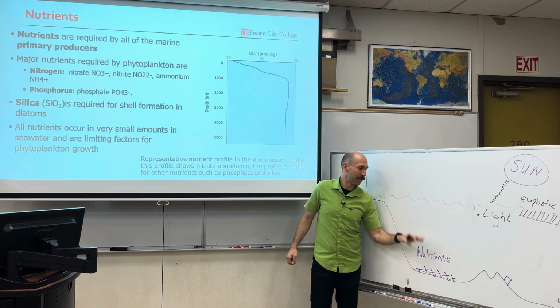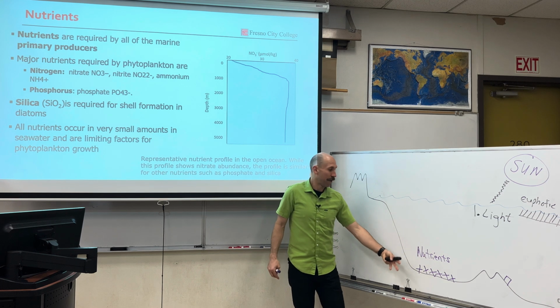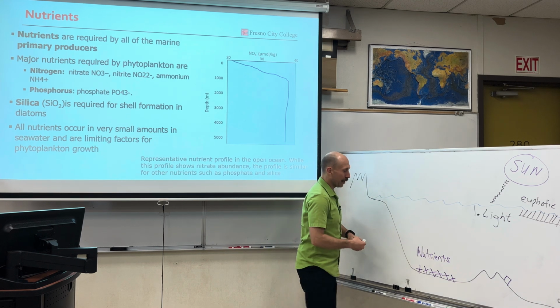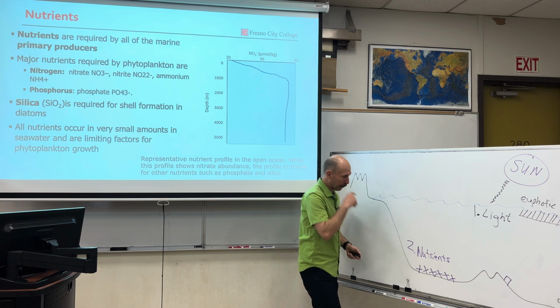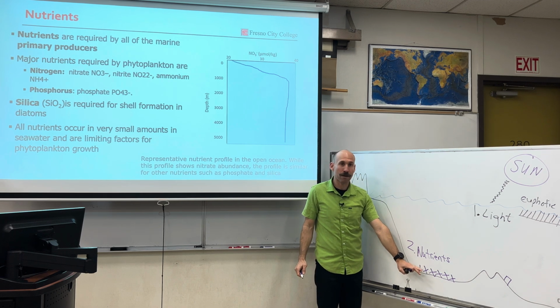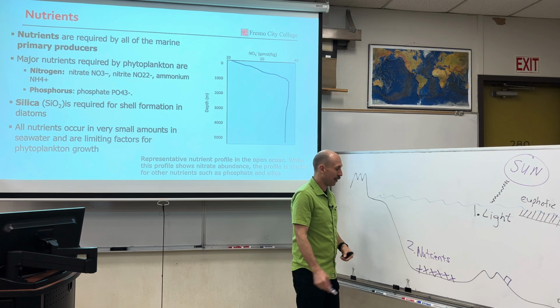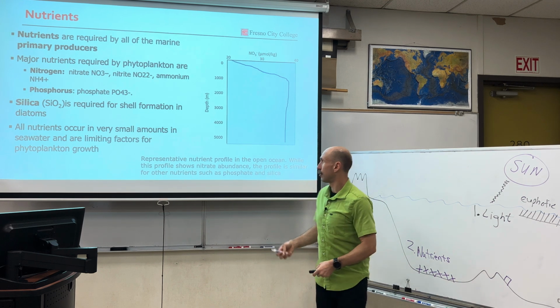When organisms die, they settle to the bottom, they decompose, their leftovers become nutrients. So here is the conundrum. Light is at the top of the water column, nutrients are at the bottom. We need these two things in order for primary productivity to occur. How, then, do we get them to meet?